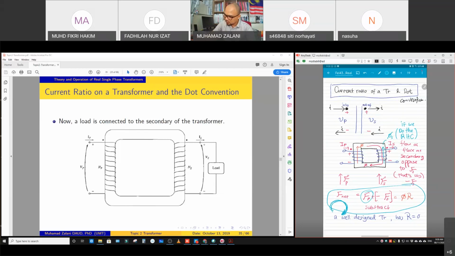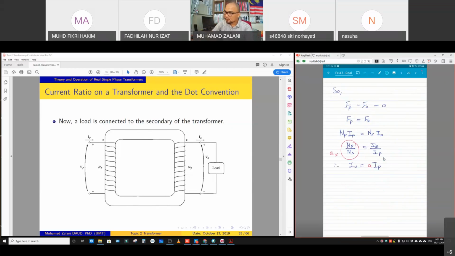That is why we use the negative here, which is opposite direction. Actually, if we do the right hand curl, we can say that this is opposite direction at the secondary part. So we use this expression equals to phi R.